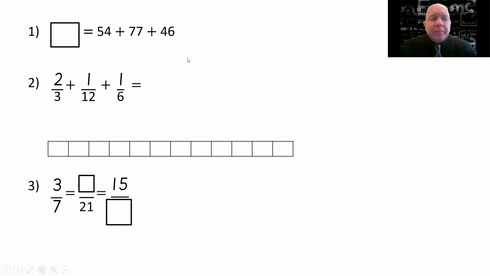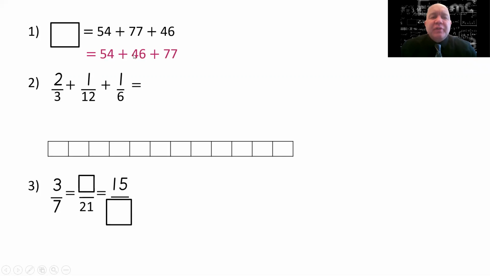Okay, well, the first one is all whole numbers. But hopefully what you've done here is have a look at the actual numbers themselves. Are any of them nice to add together? Because in this order, it's not really that pleasant. But you might have spotted that 54 and 46 together, the 4 and the 6, add up to a nice round 10.